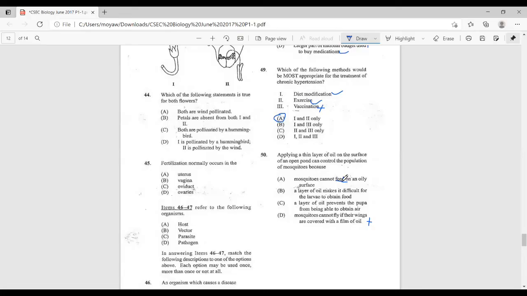So basically the oil will prevent the larvae or the pupae from obtaining air, and as a result they'll suffocate. So that's why the best option would have been C. A layer of oil prevents the pupa from being able to obtain air. So B would be out because it talks about obtaining food, and that's not the reason.